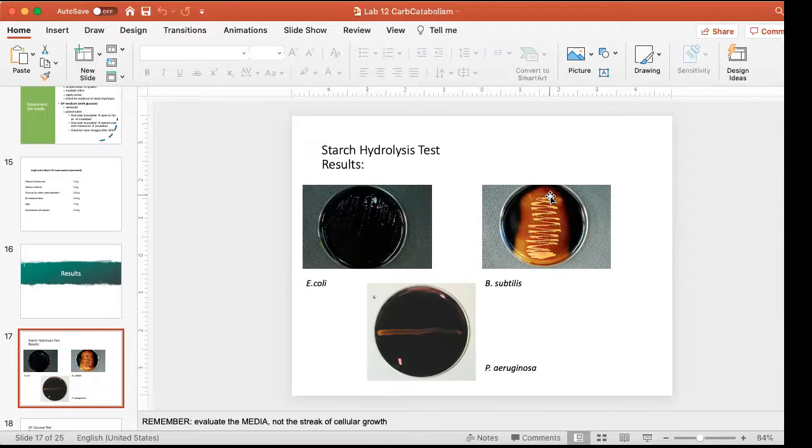That clear area around the streak of cells no longer has starch in it, because if it did, it would have turned black when the iodine was added. Instead, it's this sort of golden clear color. The other two organisms we're looking at today, they don't secrete amylase because the starch didn't change for them.